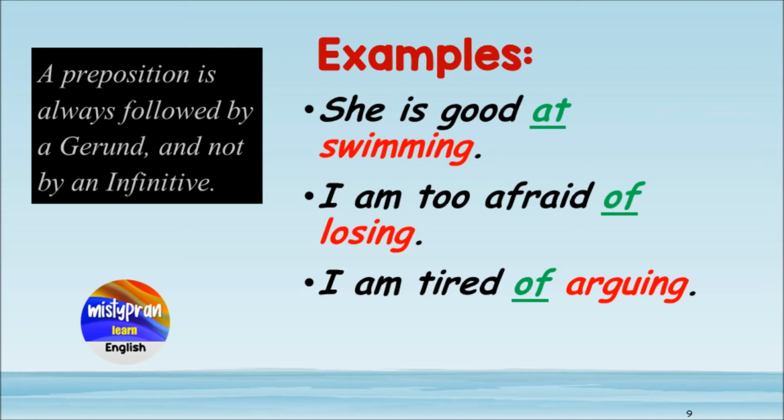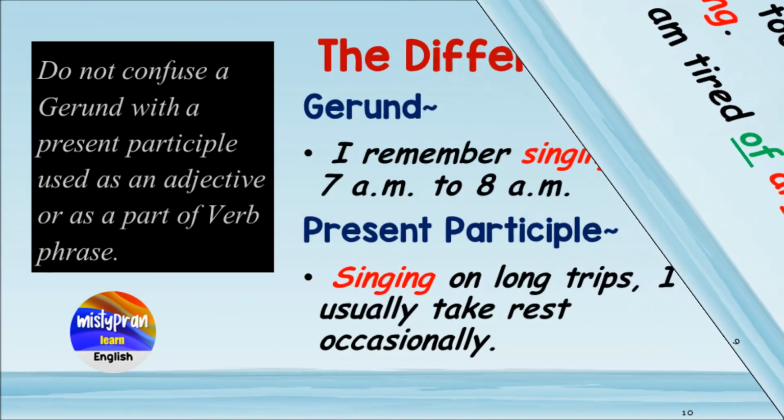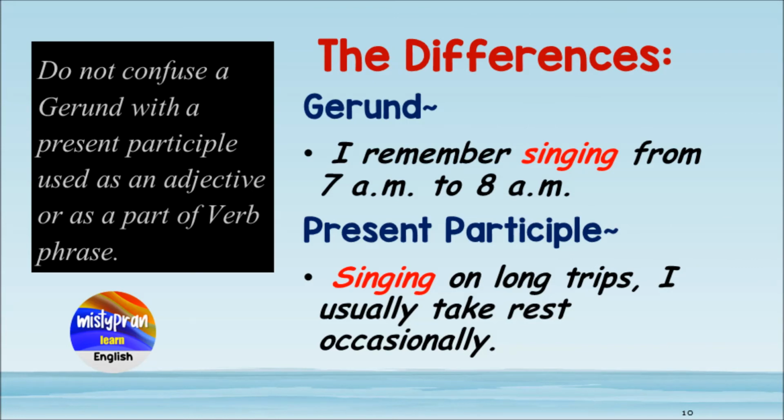I am too afraid of losing. I am tired of arguing. Here, swimming, losing, and arguing are gerunds and they are used after the prepositions at, of, and of.